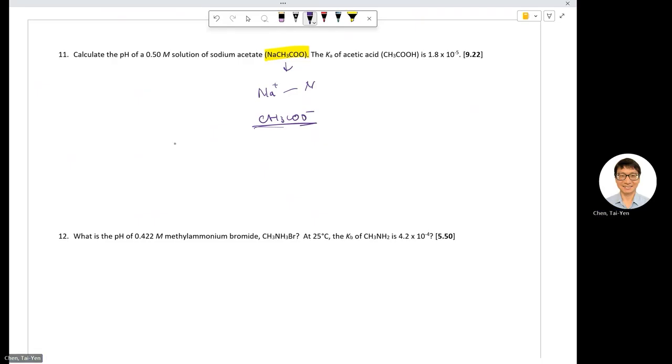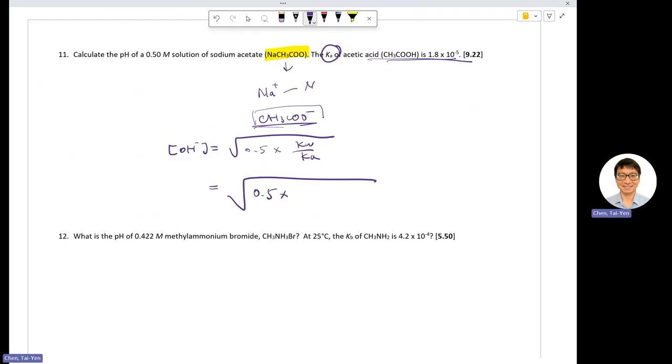Therefore, OH- equals the square root of the weak base concentration, 0.5 M, times Kb, because now you can compute the OH-. Do you have Kb? You have Ka, so you want to do Kw over Ka. So that's 0.5 times 10 to the negative 14 divided by 1.8 times 10 to the negative 5.